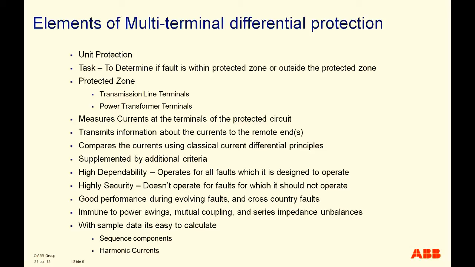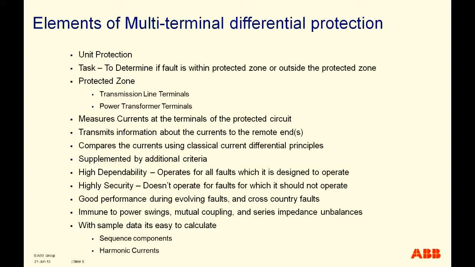It also compares the currents using the classical differential protection principle. And then, of course, we have to supplement that current differential principle with some additional criteria to cater to specific needs.